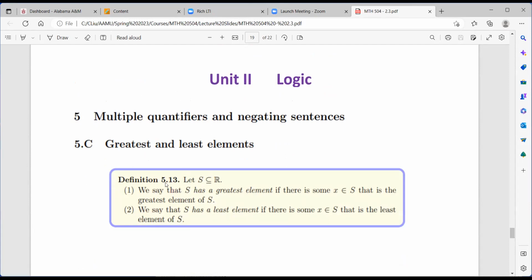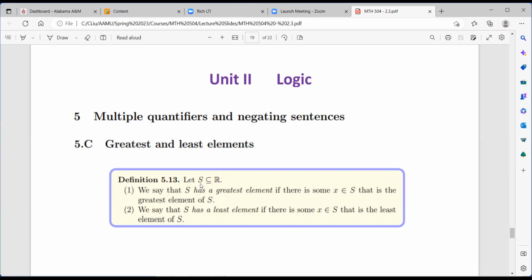Okay, so let's make a formal definition of greatest and least element. So we say that S has a greatest element if there is some x in S that is the greatest element of S, okay? And S is a subset of real numbers, all right?